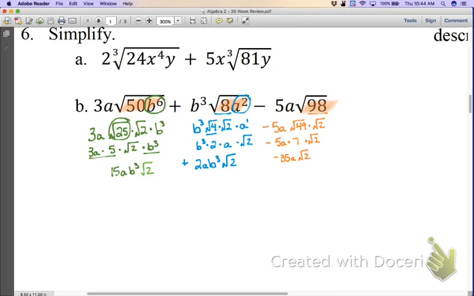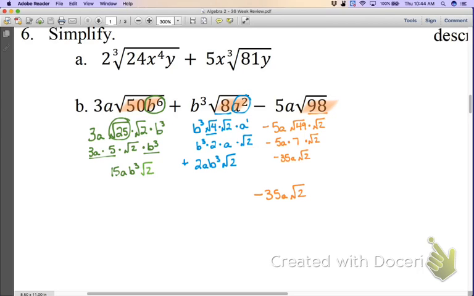Now, of the 3, only 2 of them can be combined. Okay? Only the green one and the blue one can be combined because the orange one doesn't have a b to the third with it. So the minus 35a times the square root of 2 is just going to be by itself.